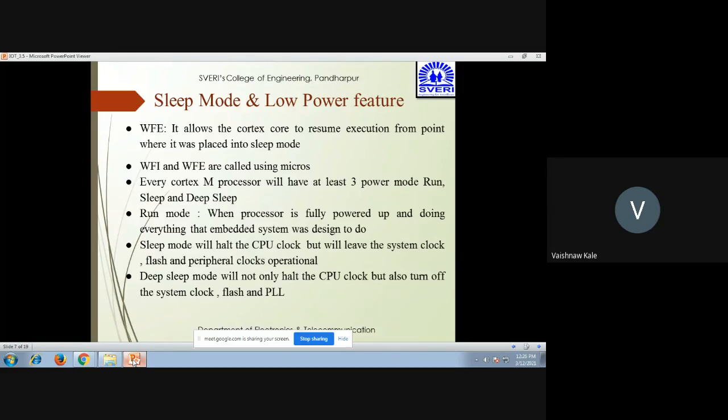And in deep sleep mode, not only the CPU clock but the system clock, flash, and PLL, everything is halted. These are the 3 modes that Cortex M3 has, and because of this, it has a low power feature.